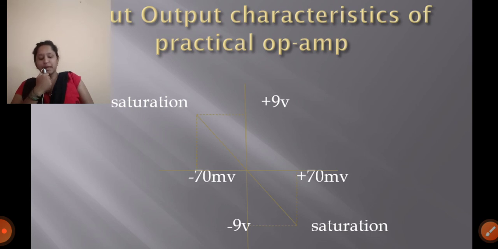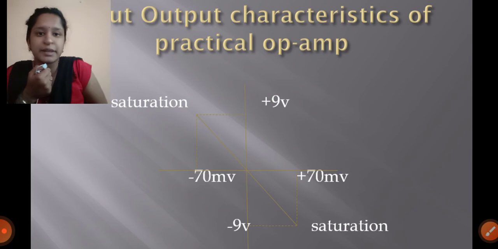When the input voltage exceeds plus or minus 70 microvolts, the operational amplifier starts exhibiting non-linear characteristics, and the output voltage is saturated at plus or minus 9 volt.